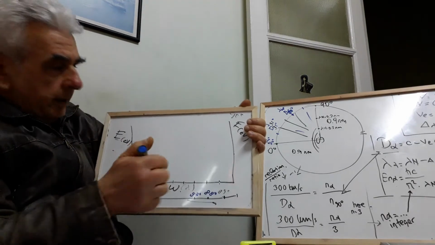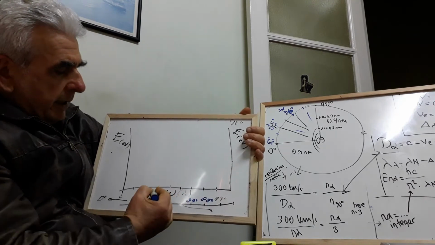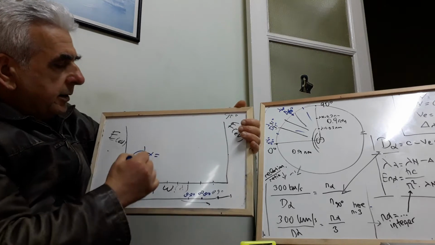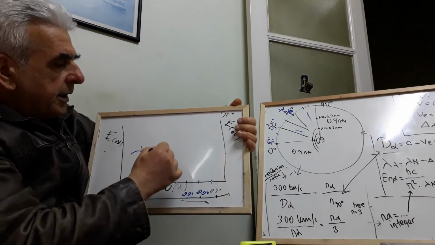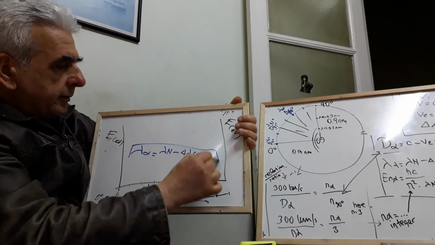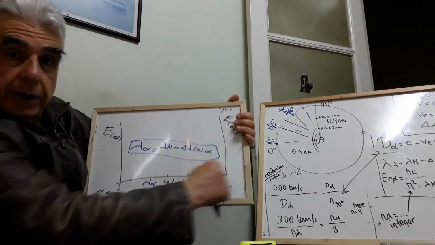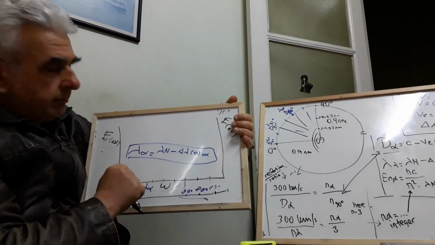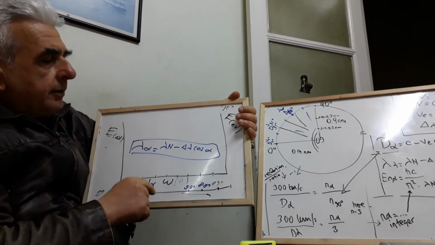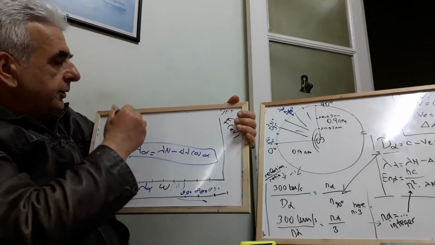We will find here the wavelength lambda alpha. Remember what lambda alpha was? Lambda alpha is lambda n minus delta lambda cosine alpha. We will find this for each degree, for each angle.